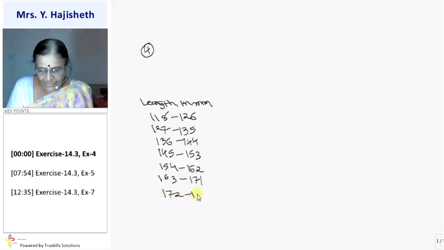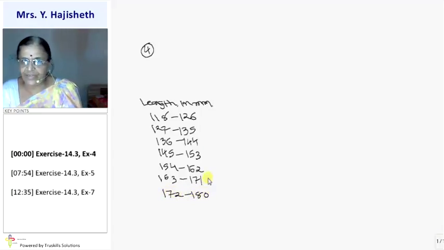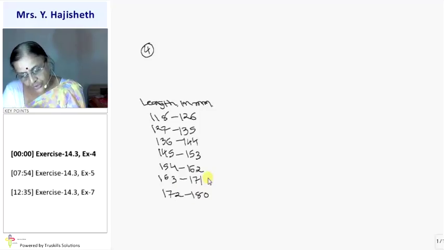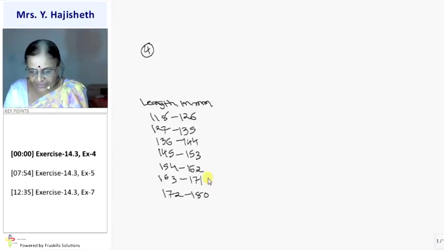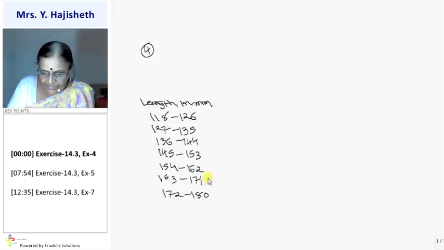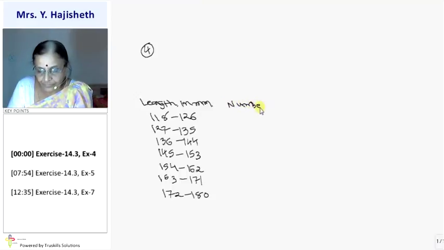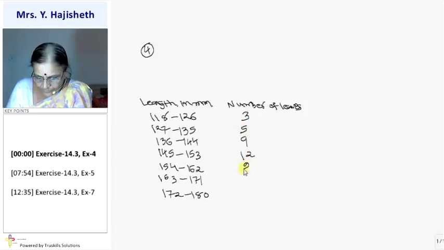This means here lower and upper both limits are included. 118 to 126, then 127 to 135 are the lengths in millimeter, and the number of leaves are given as 3, 5, 9, 12, 5, 4 and 2.